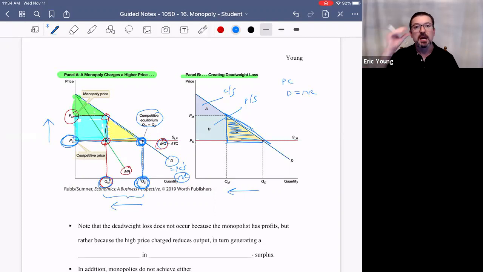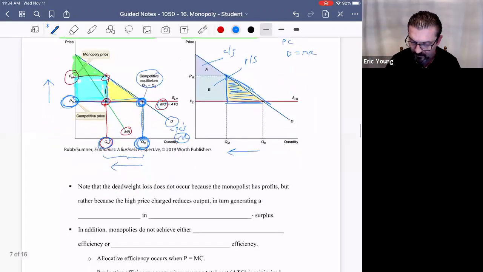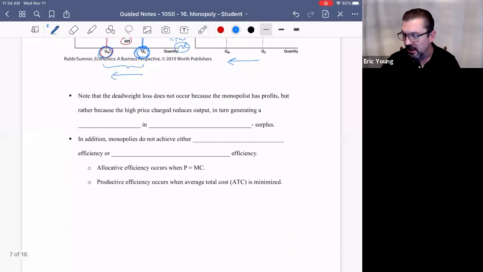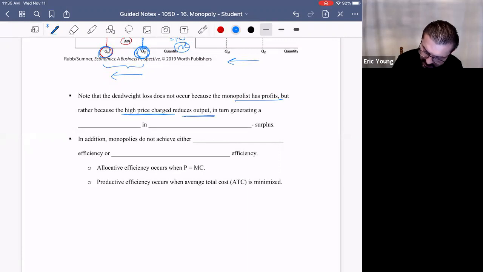So our first test: does the monopolist maximize total surplus? No, the monopolist produces dead weight loss. They're 0 for 1. Again, just to reiterate, the dead weight loss does not occur because of the profits. The profits aren't the bad thing here, because profits just become income for other people. The issue is that the high prices that the monopoly charges reduce output, in turn generating a loss in consumer surplus.